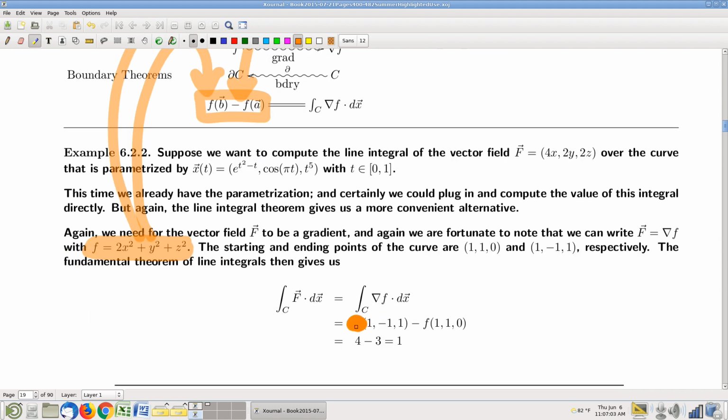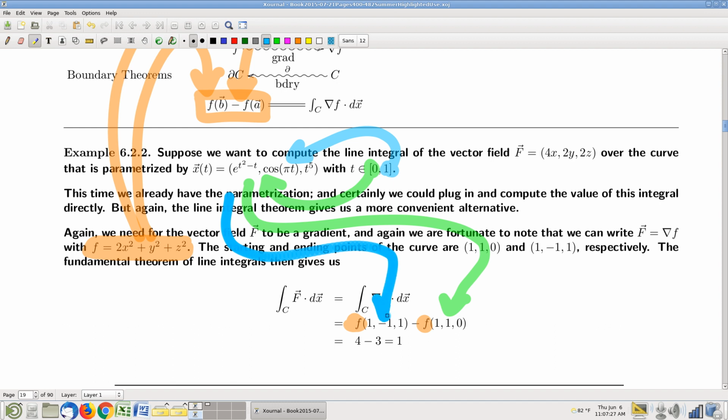Here we are. There's f that we're going to use, f of b minus f of a. Notice our starting point is what happens when you plug 0 into the parameterization. Our ending point is what you get when you plug 1 into the parameterization.